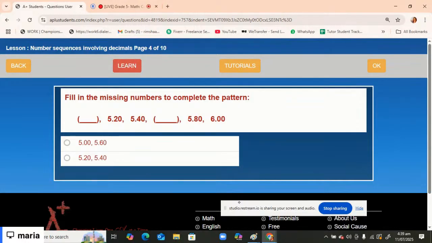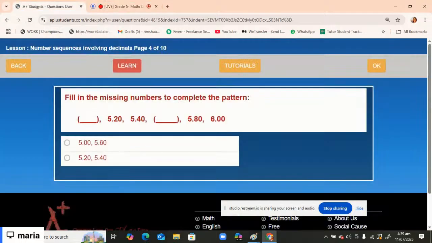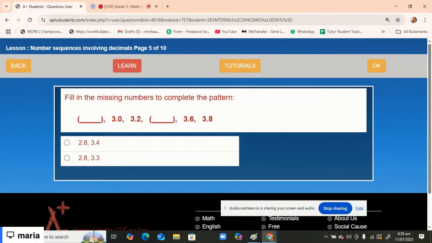So 5.20, 40, 60, 80, and a full 6. Okay. So now let's go with this, and here is the right option.